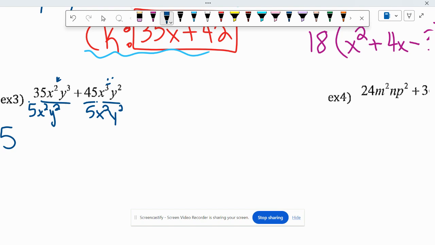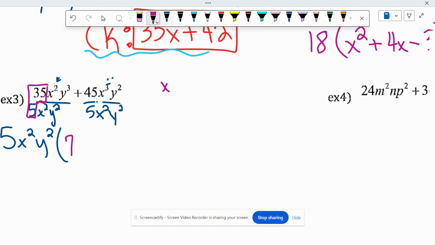So now that makes you think about how you divide exponents, right? How do you divide exponents? Well, when you're dividing powers, you divide the constants or the coefficients. So 35 divided by 5 is 7.